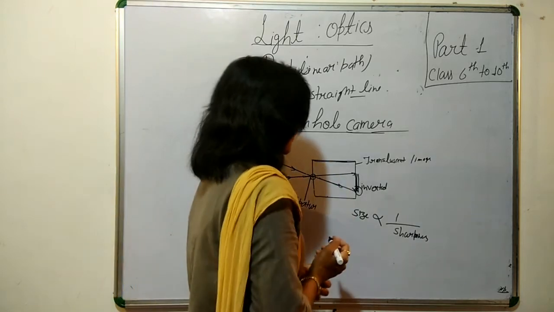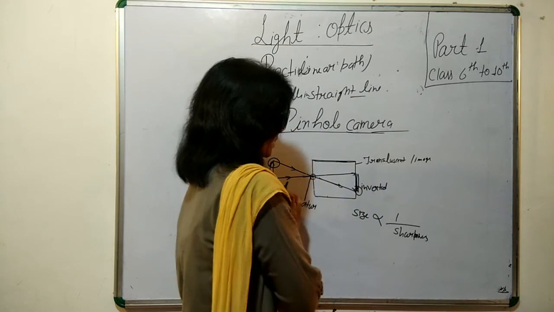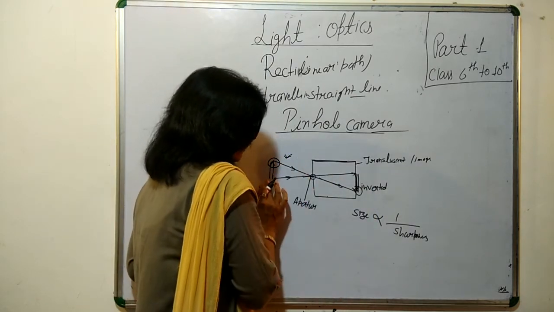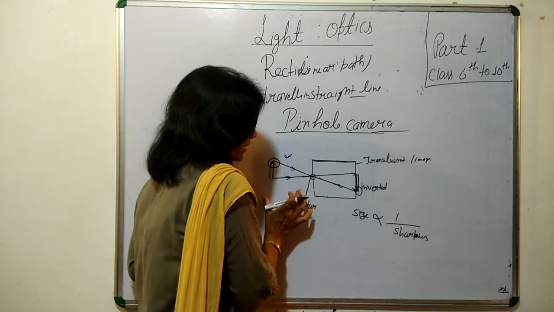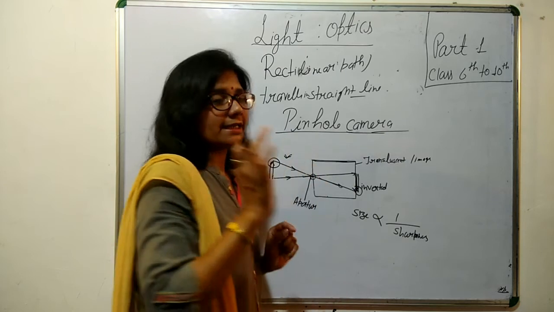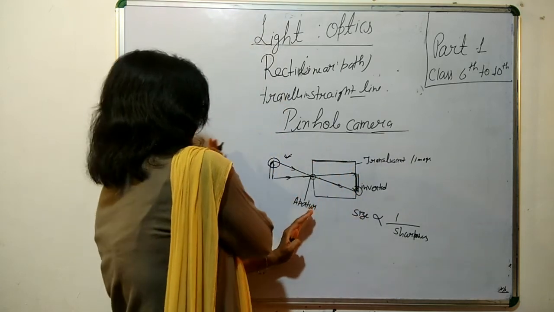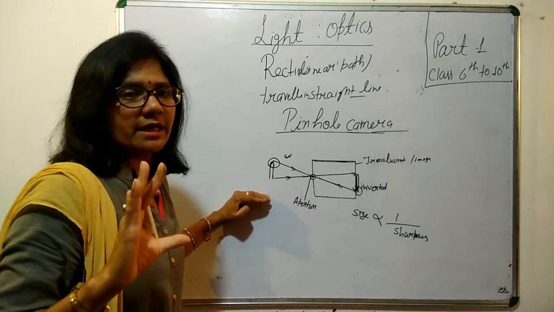Then the second very important thing, the screen and the object. First, the object. If you bring the object closer to the pinhole camera, then you will get a sharp image. And if you put it distant from that camera, then you will get a blurred image.